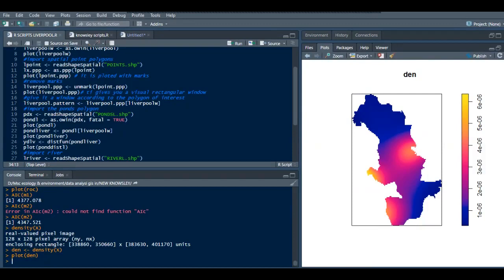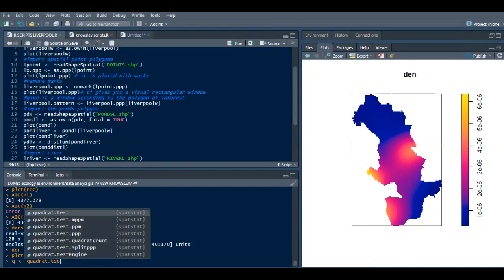A lot of things you may need to look at is whether these points were clustered or dispersed. Okay, let's look at the quadrat goodness of fit for our model, which is also the quadrat.test.